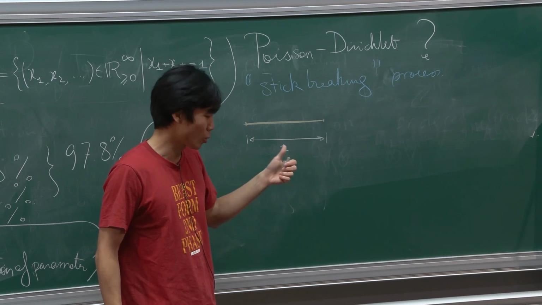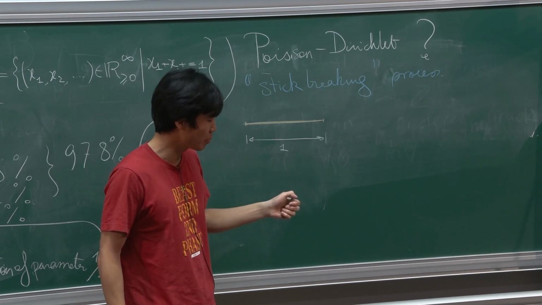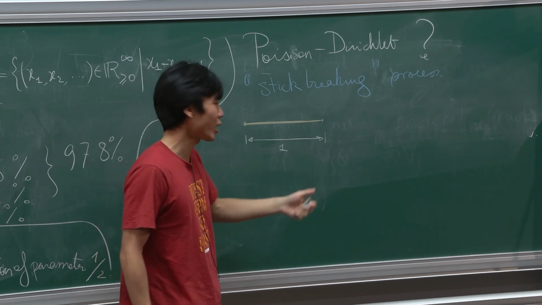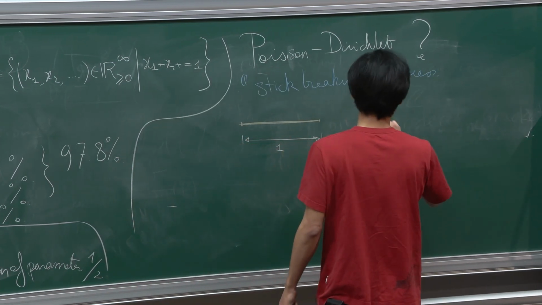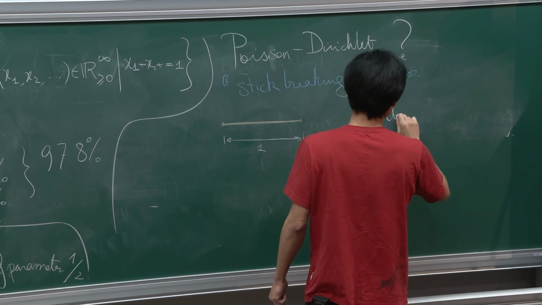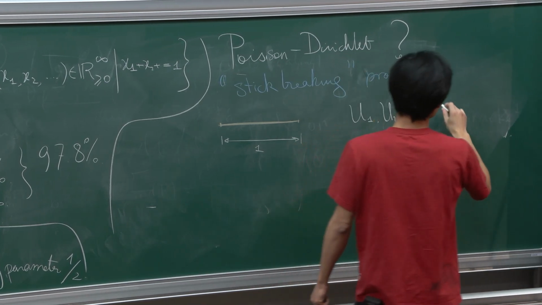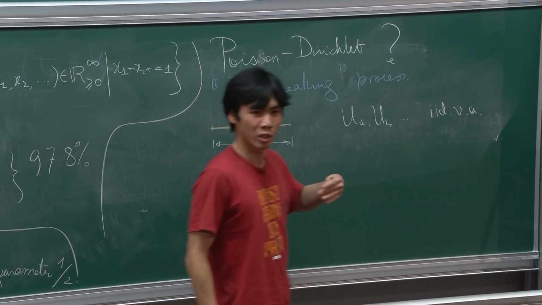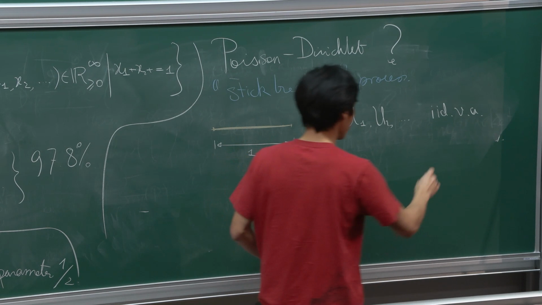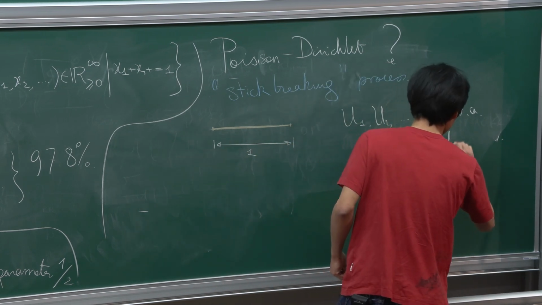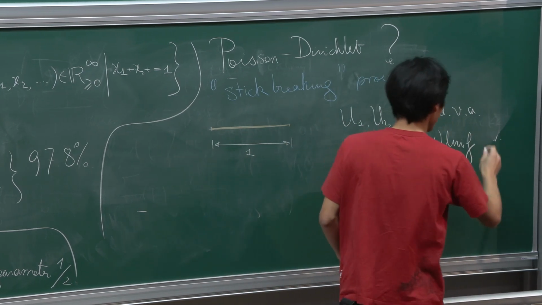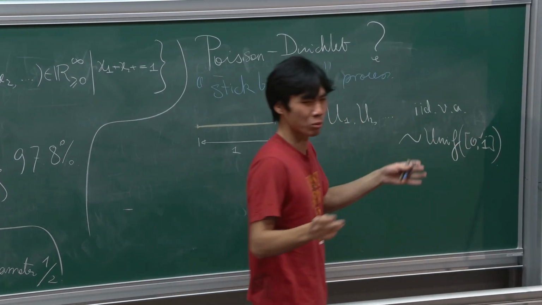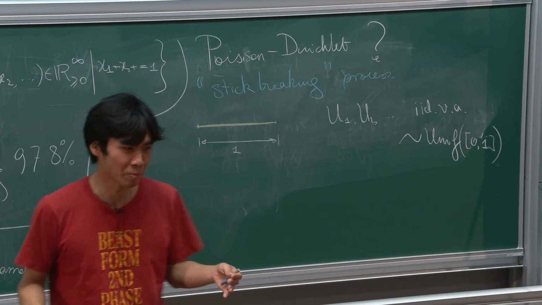Once you press the button, a random number is generated uniformly from 0 to 1. Formally, what you have is a sequence of IID random variables, which means that all of them are independent and have the same distribution, the uniform distribution between 0 and 1.